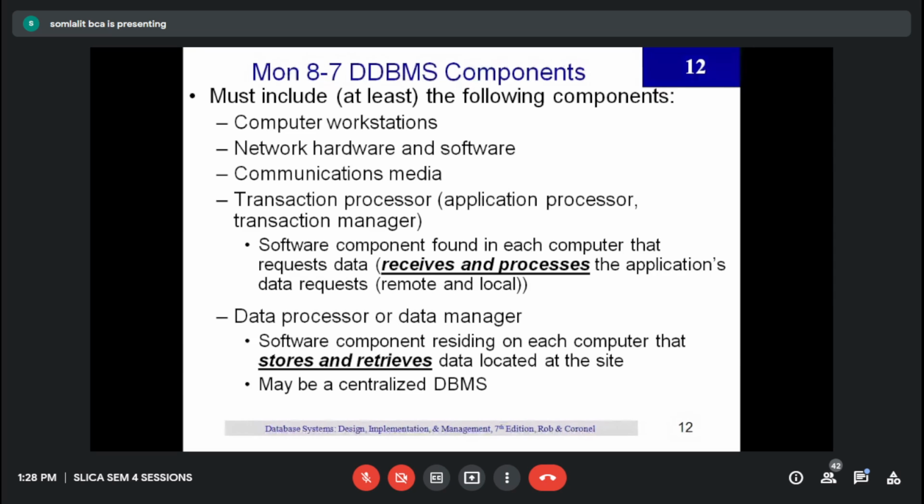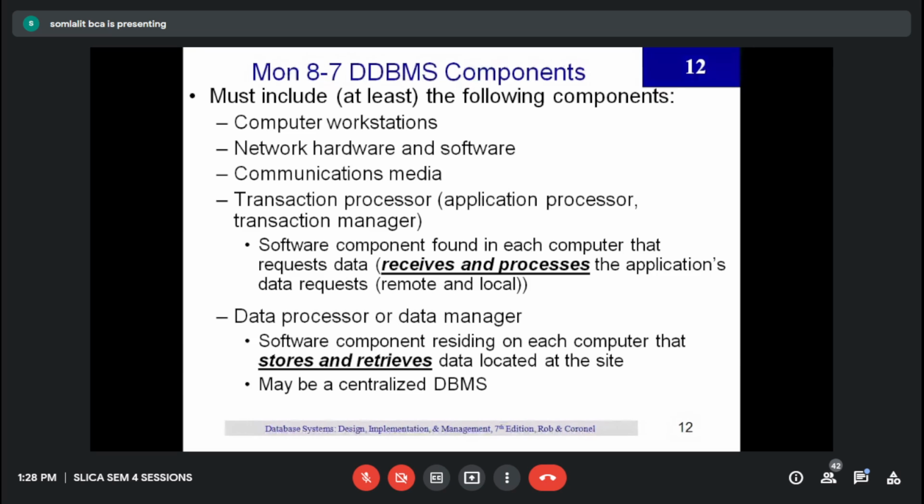So on your computer workstation, they can be either working as a transaction processor or they will be working as a data processor. Generally, on the site where we have actually stored the database fragment.